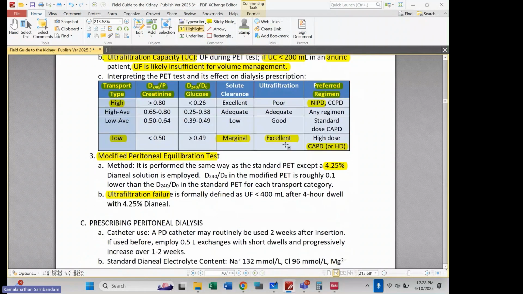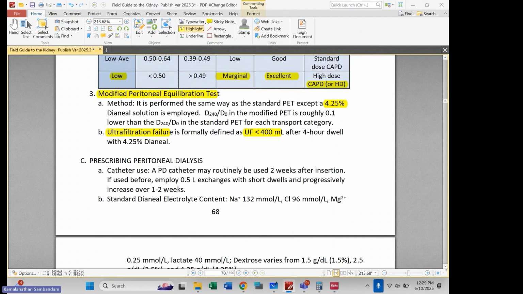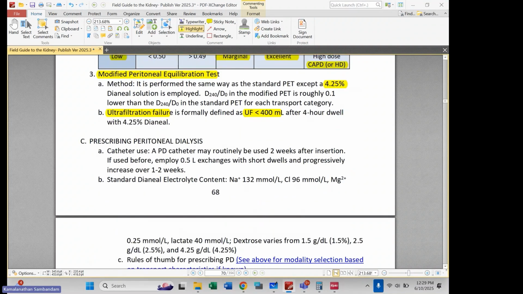But if you want to make the formal definition of ultrafiltration failure, that is done through this formalized approach of using a red bag and measuring the ultrafiltration after 4 hours. And if it's less than 400, we would describe that individual as potentially having ultrafiltration failure. Okay? A more formal definition.